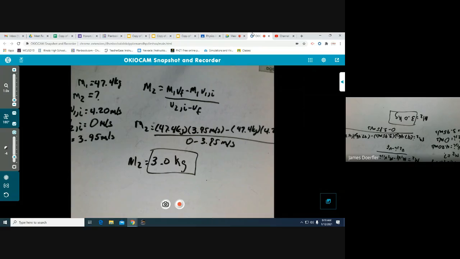Questions on how to use this and to solve for what you don't know? It's all algebra right now. All right. What I want you to do is jot these numbers down.